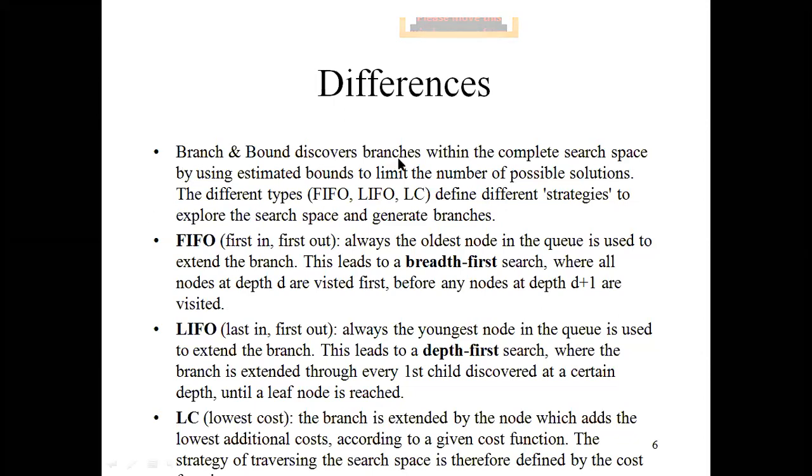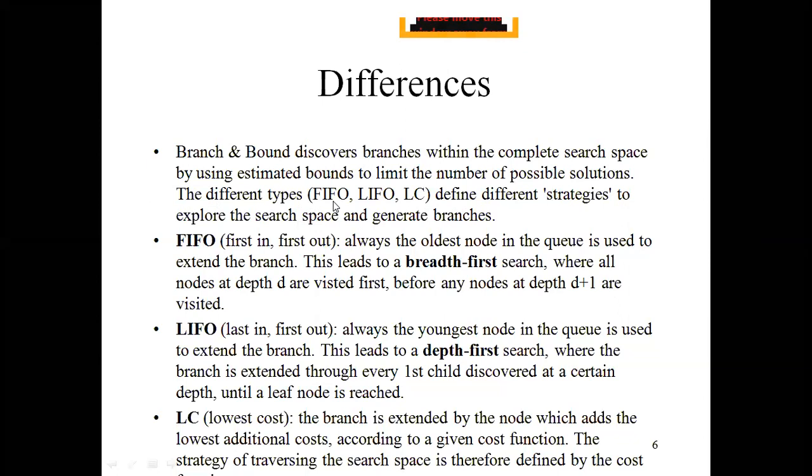Branch and bound discovers branches within the complete search space by using the estimated bounds to limit the number of possible solutions.